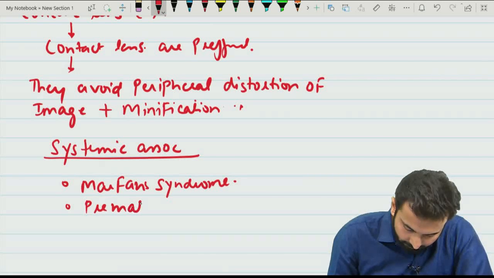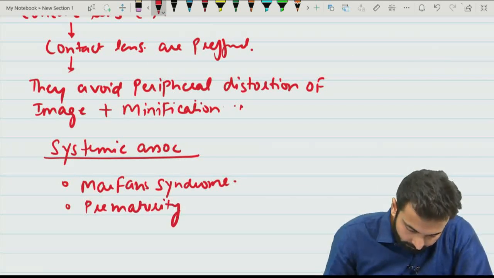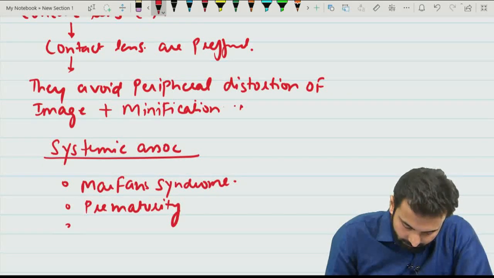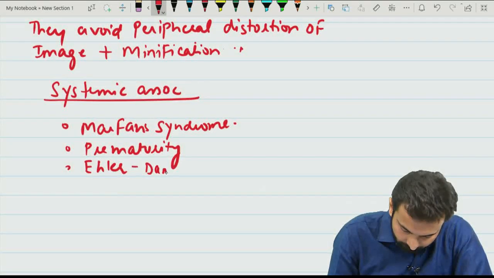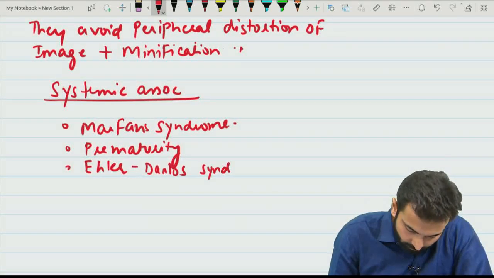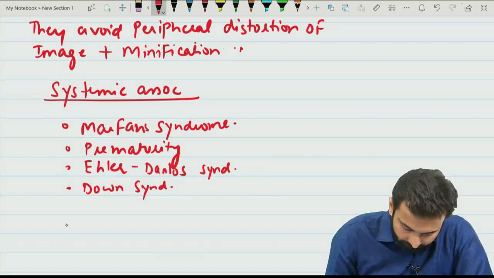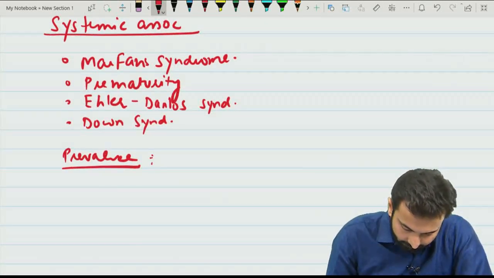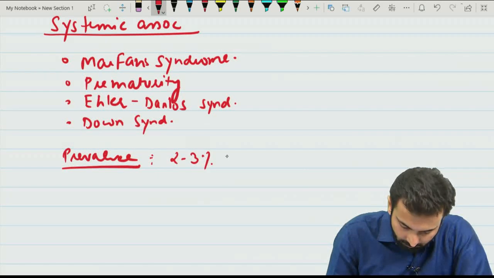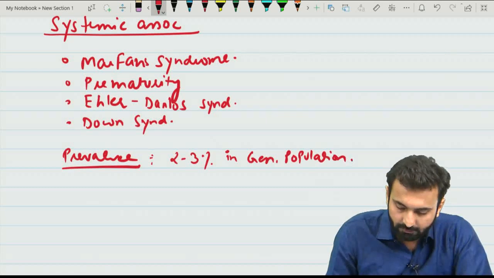Second, it is associated with prematurity. Third, it is associated with Ehlers-Danlos syndrome. Then it is also associated with Down syndrome, right? Now coming to the prevalence of myopia. The last option they have given, prevalence of 10%, is wrong. The actual prevalence of myopia is 2 to 3% in the general population, right? So this is all about this question.